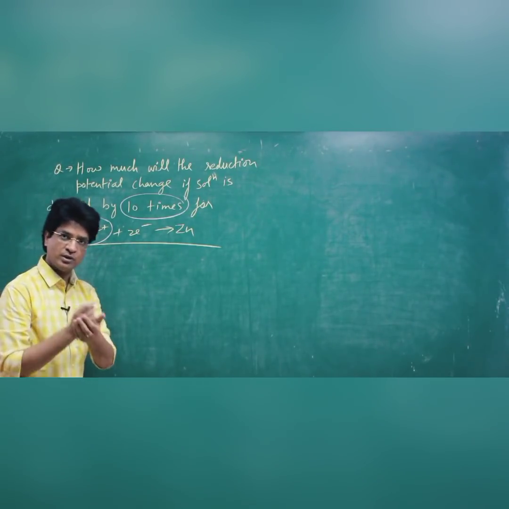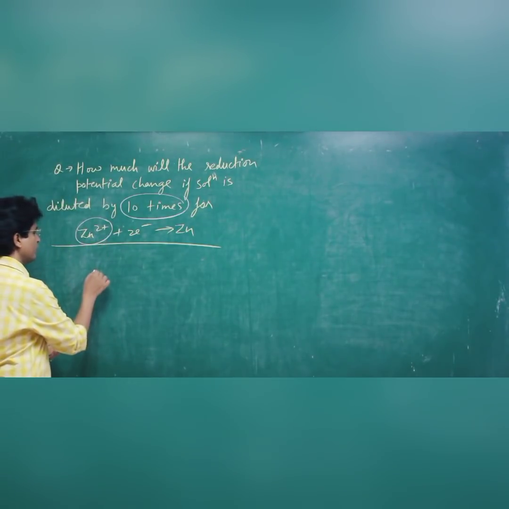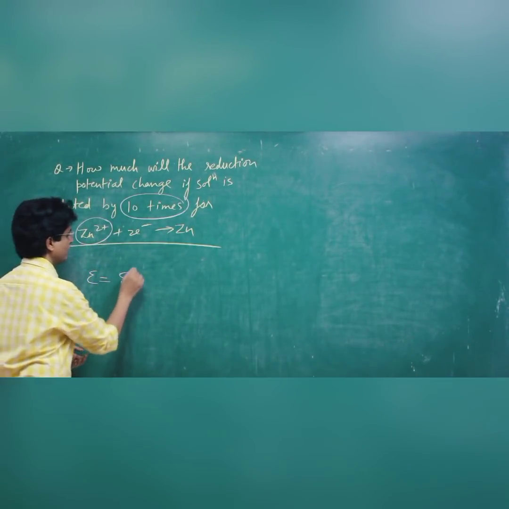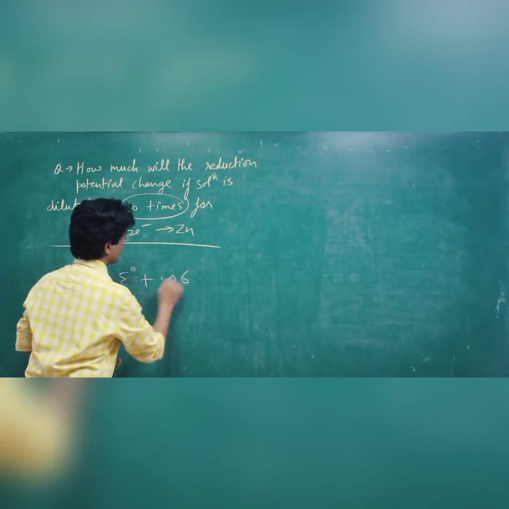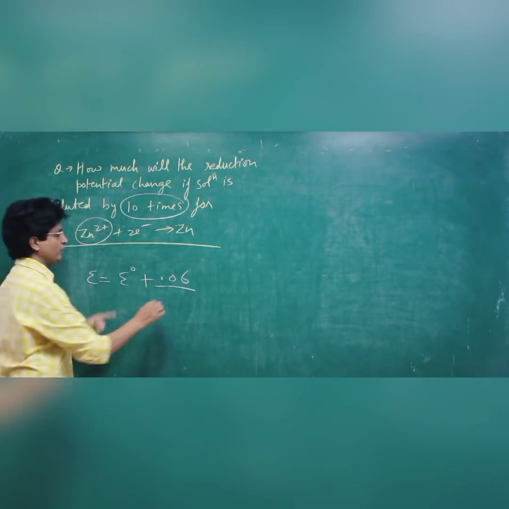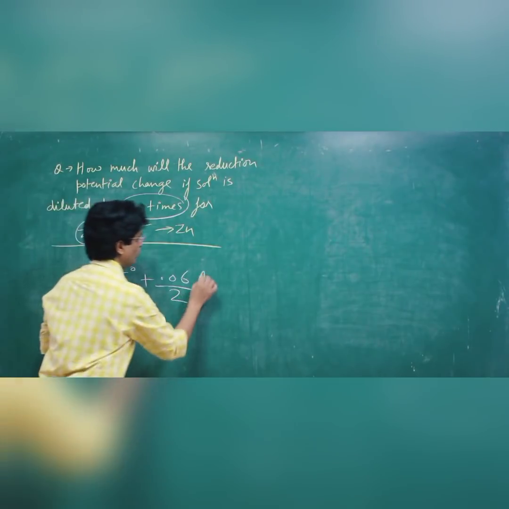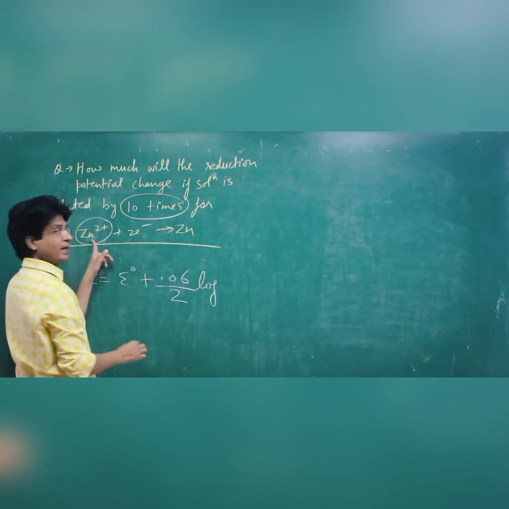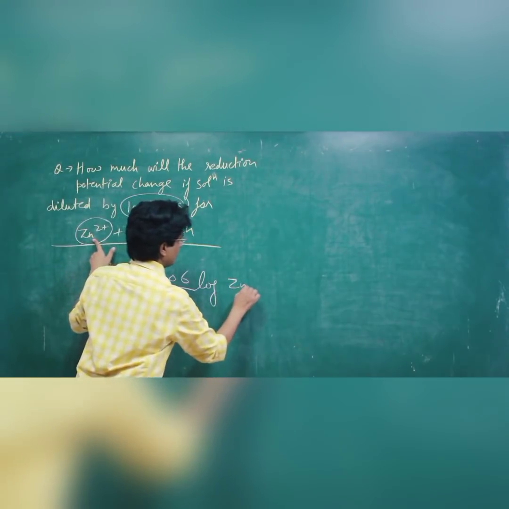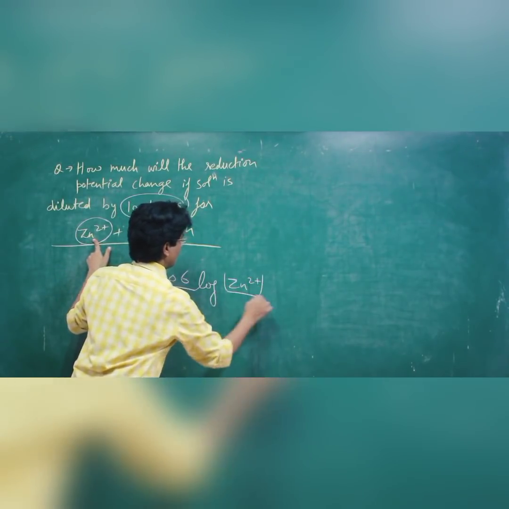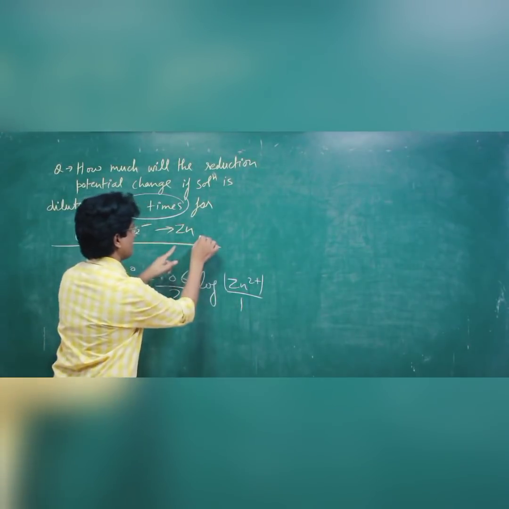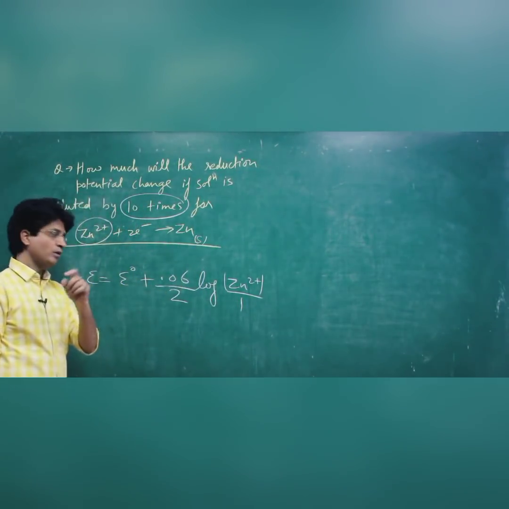For that we have to use the Nernst equation, and the Nernst equation says that E will be E naught plus 0.06 upon, for this cell N will be 2, log of zinc ion concentration reactant upon product, that will be 1, because solids have active mass of 1.